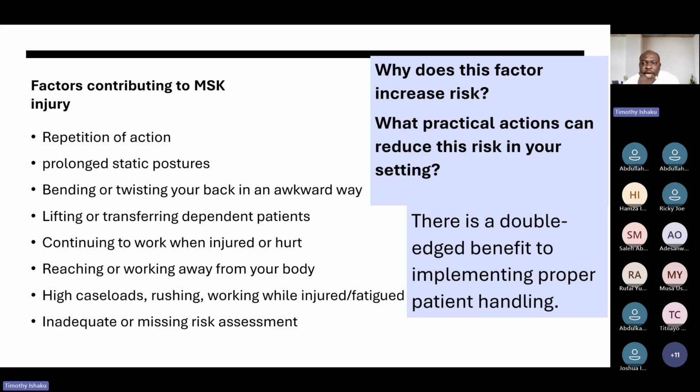And I will also say for today's training, maybe in your setting, it's not only about you, the therapist, and it's not only about the patient. I'm aware that there are patient relatives that are heavily involved in patient care.